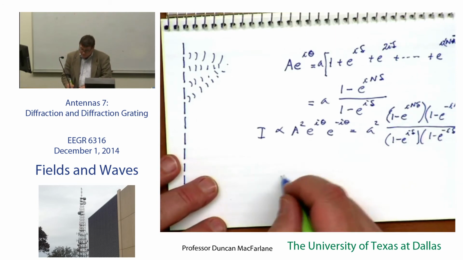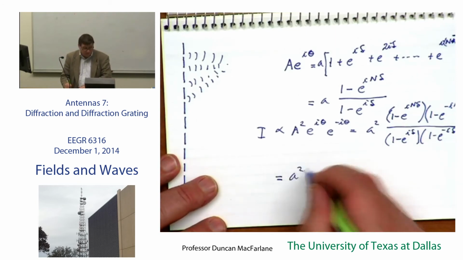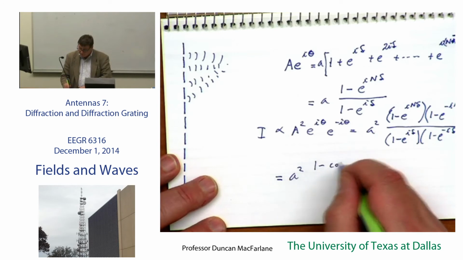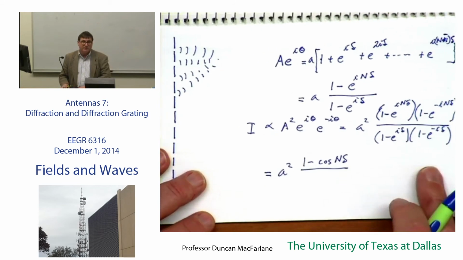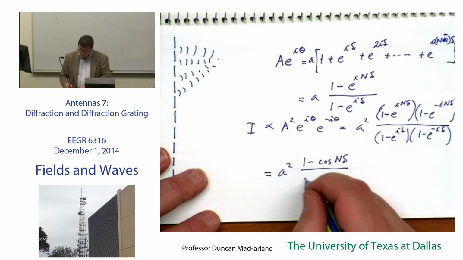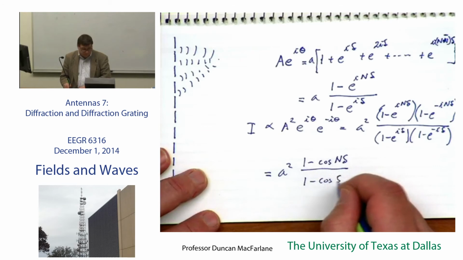Working through that, the intensity is a squared times 1 minus the cosine of n delta. Notice the higher frequency modulation term of the n over the 1 minus cosine of delta in the denominator.